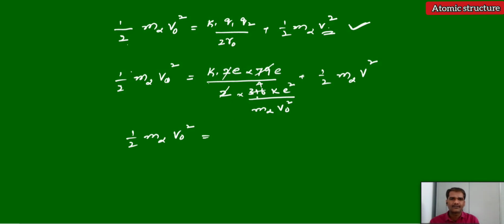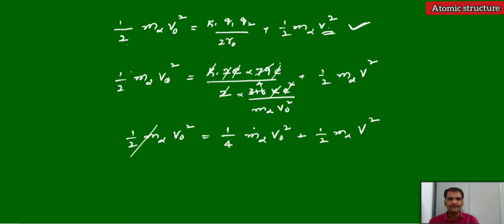It is 1 by 4, and K also will cancel out. We are left with 1 by 4 M alpha V naught square, and e square also. This is the value we are finally left with.